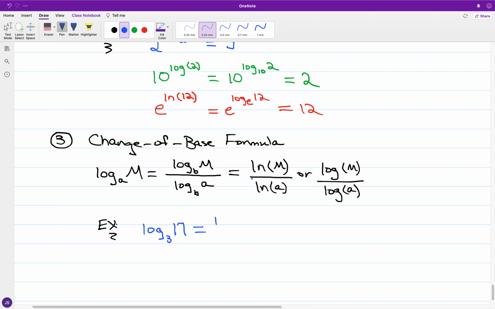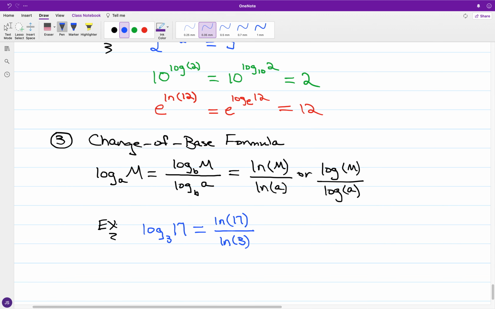In this particular case, we'll take the natural logarithm. Here a is 3, m is 17. With the natural logarithm of m, this will be the natural logarithm of 17, divided by the natural logarithm of 3.